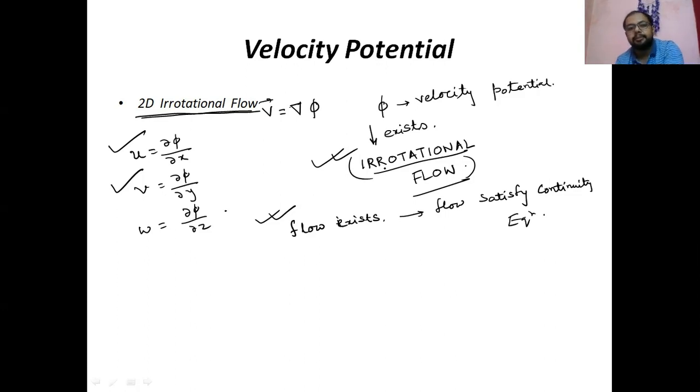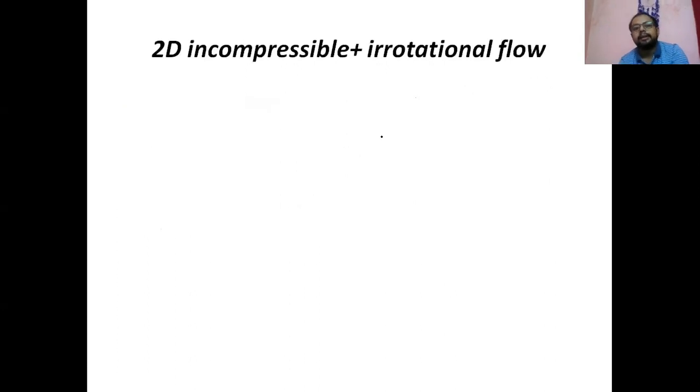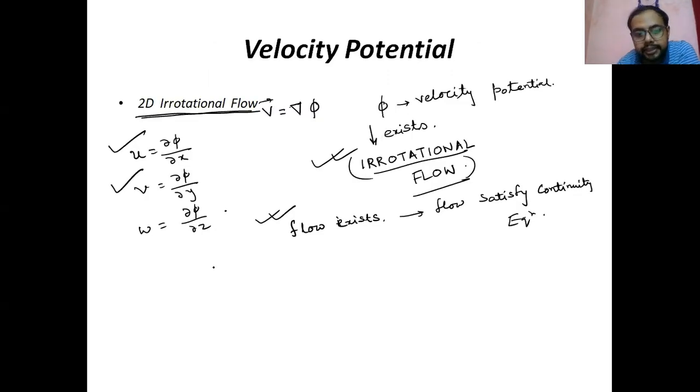So next concept, after telling the velocity potential, we are taking 2-dimensional incompressible plus irrotational flow. So we combine these two concepts. Before combining, we just write down u is d phi by dx for the case of irrotational flow.